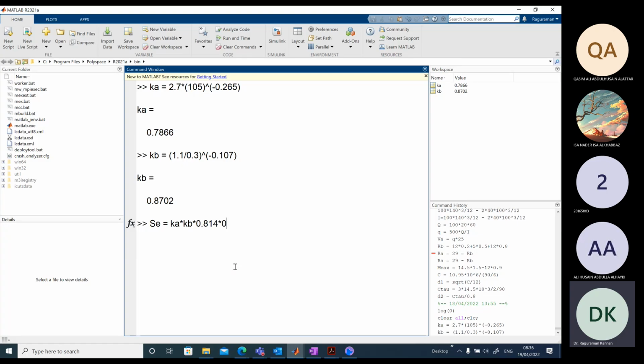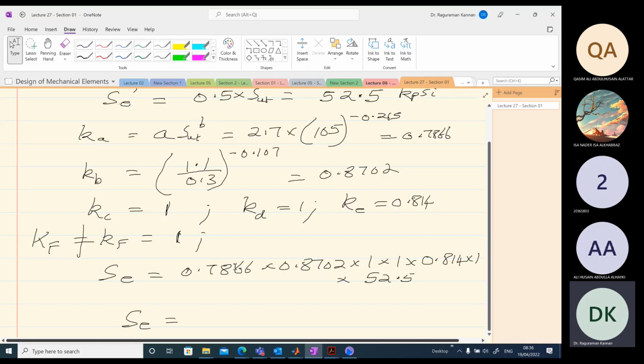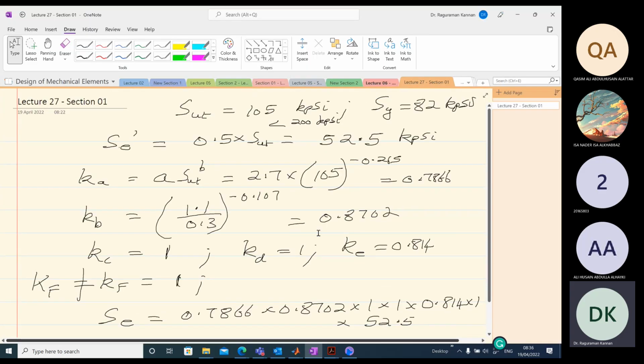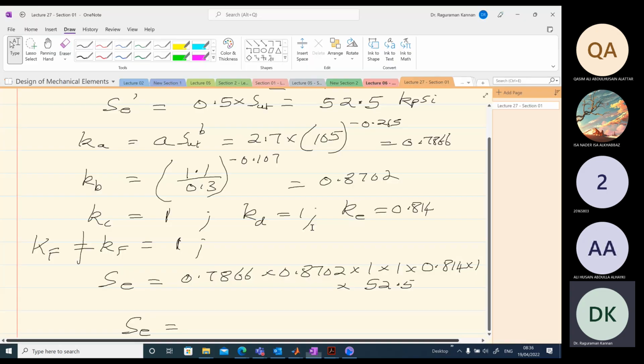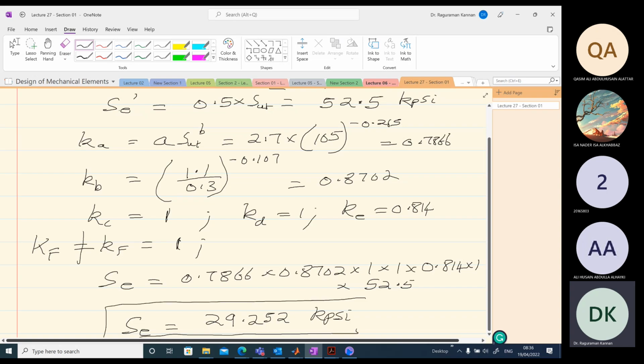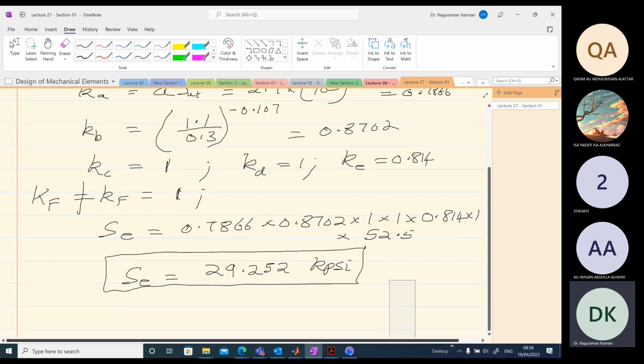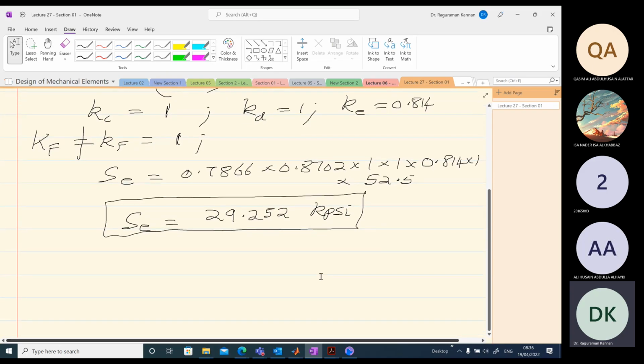And I'm also going to put 0.5 times, and we are given the originally SUT value, which is again 105. 29.252. So we have the Se value.